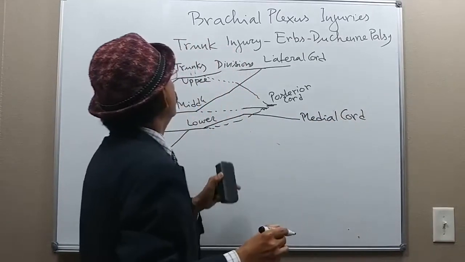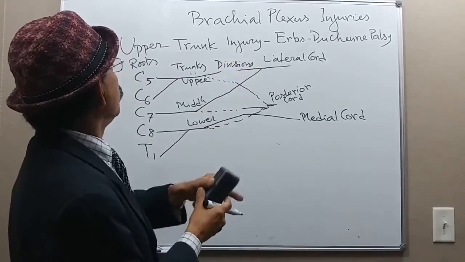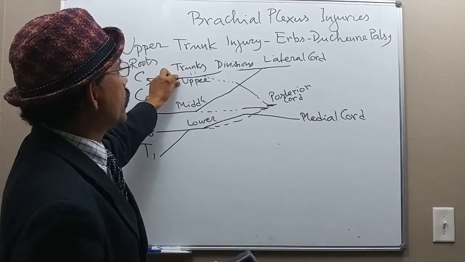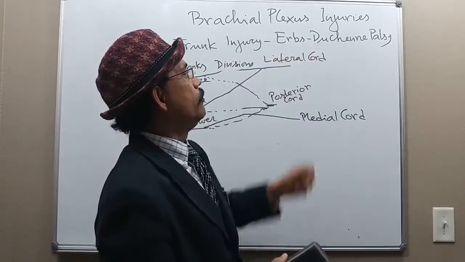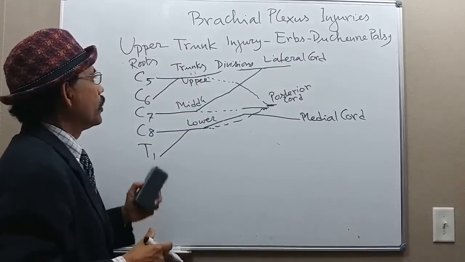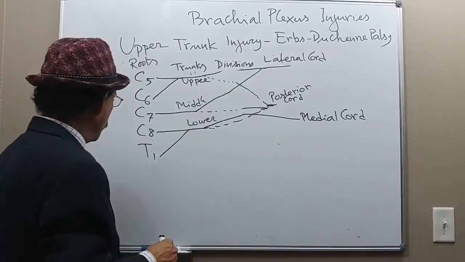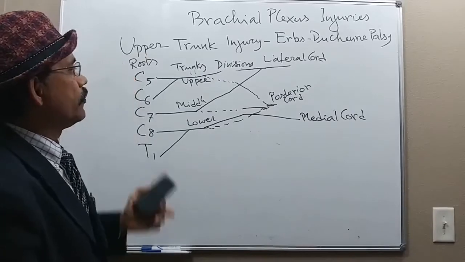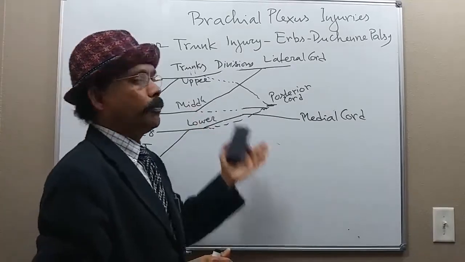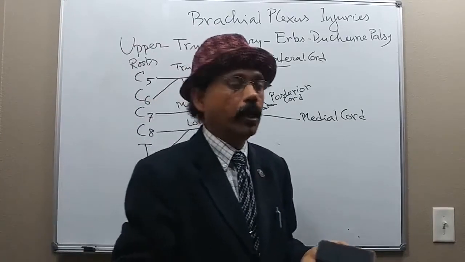We'll go to the injury to the upper trunk. We call it Erb-Duchenne paralysis. The upper trunk is contributed by C5, C6.